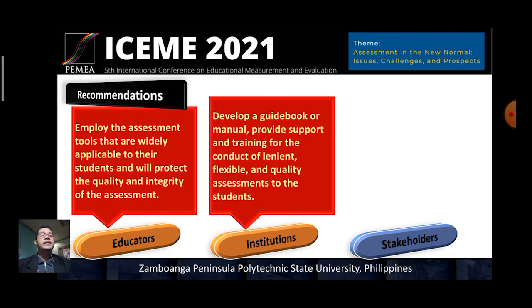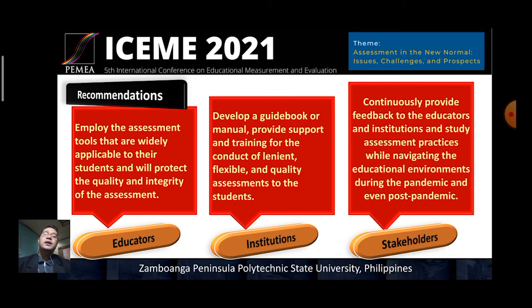And the last specific recommendation will be coming from our stakeholders. We want them to continuously provide feedback to the educators and institutions. So we want good feedback from our students, our community, and other observers. Because this is the only way to help each other tackle certain aspects of assessments which the institution or teachers have not considered.